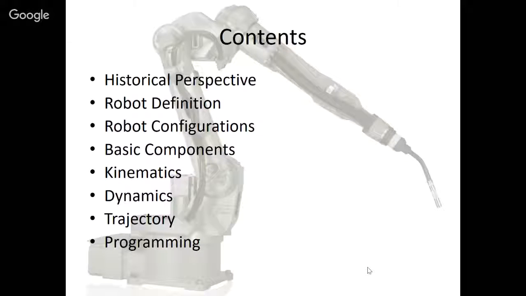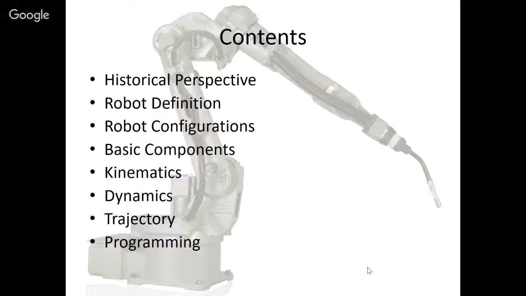We will very briefly go through historical perspective, then robot definition, robot configurations, basic components, kinematics, dynamics, trajectory, and programming.